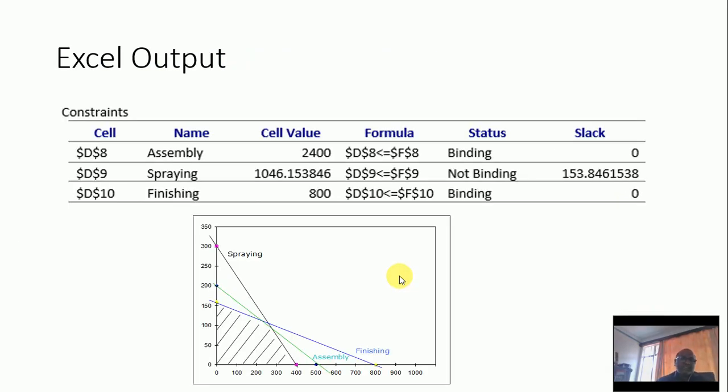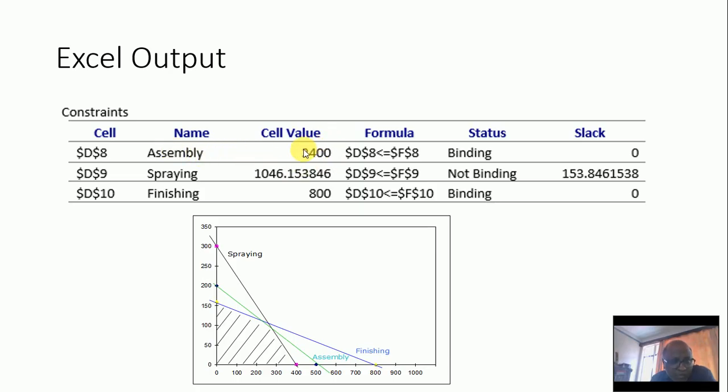Now, what comes next is your lab work, and there are a couple of things I need to discuss here, but I think it's pretty much obvious. So, if you do your lab work, this is the output you're going to get in Excel. This is the assembly line. This is the number of hours you will eventually use.